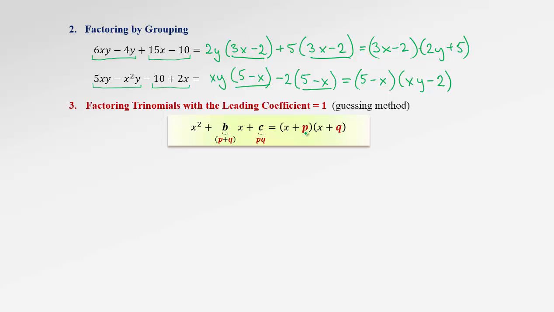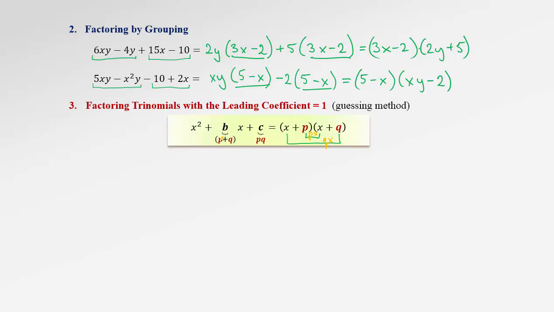First of all, if we FOIL back those factors, p times q will give us the free term c. And the middle term, that includes only one x, comes from multiplying the inner terms and the outer terms. Since the inner product results in px and the outer product results in qx, when we add them, the coefficient by the x is p plus q.